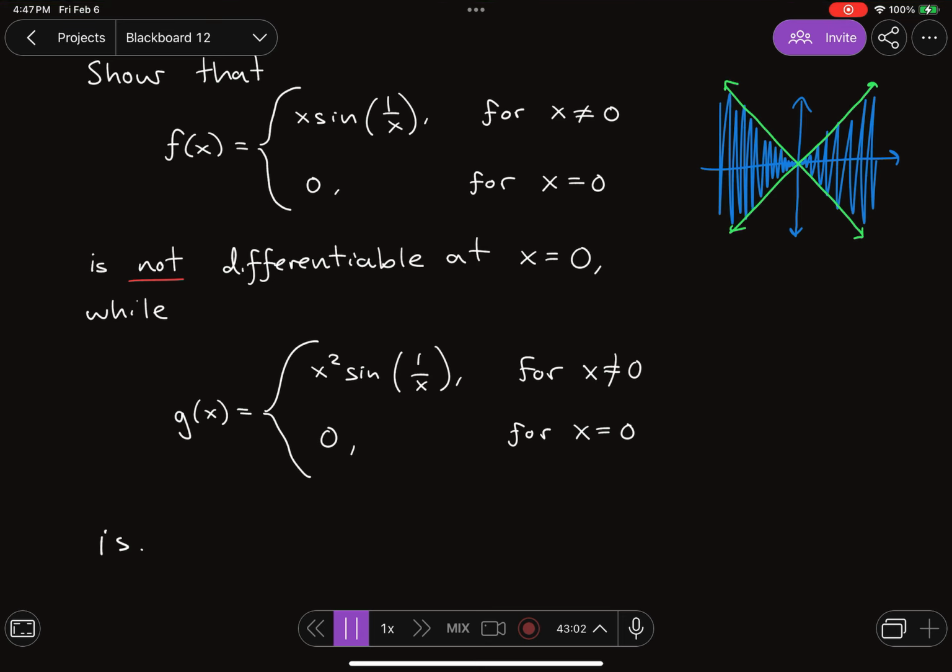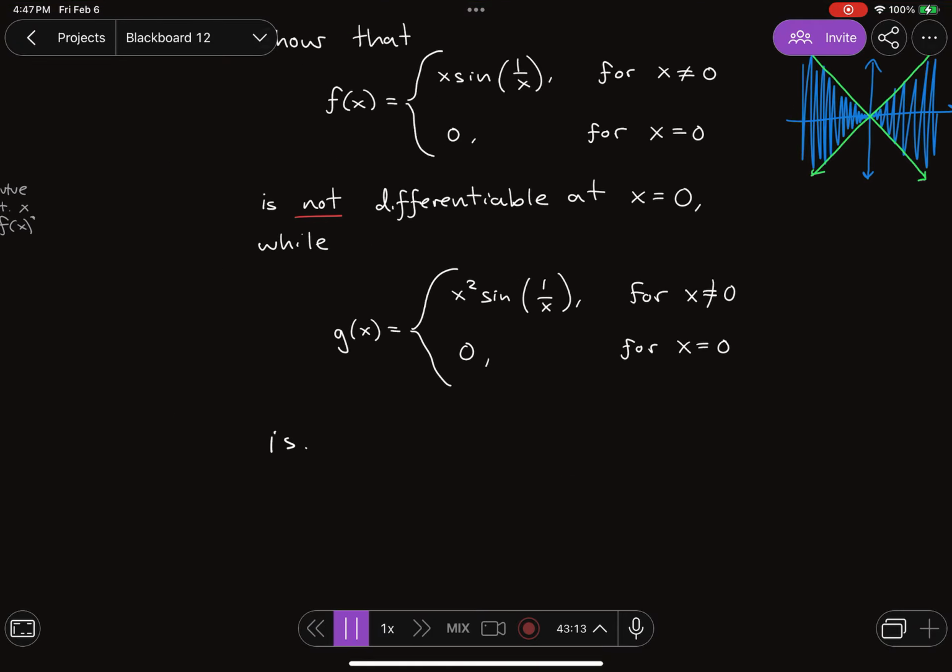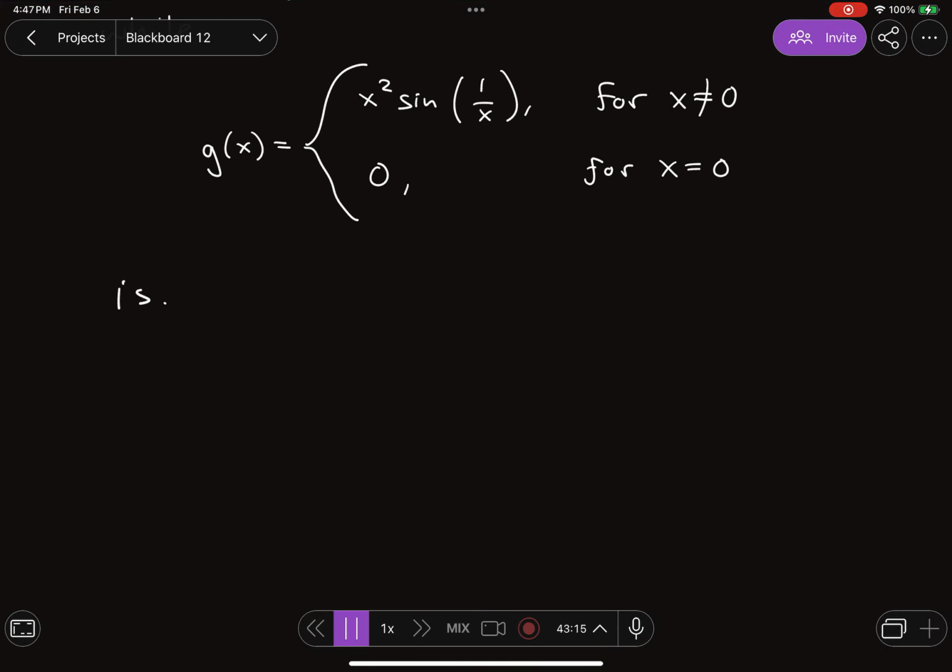But let's actually show that. Let's show that this function is not differentiable at x equals 0. In order to do that, we're just going to compute f prime of 0. So here's my solution. Let's just go by definition.